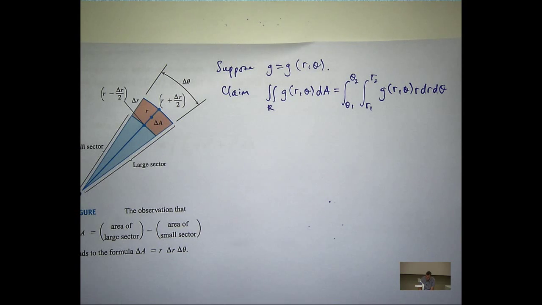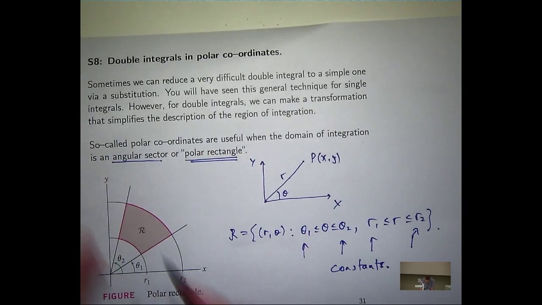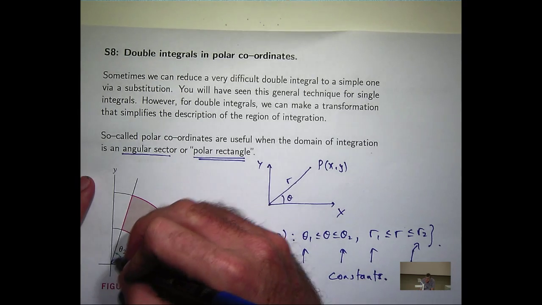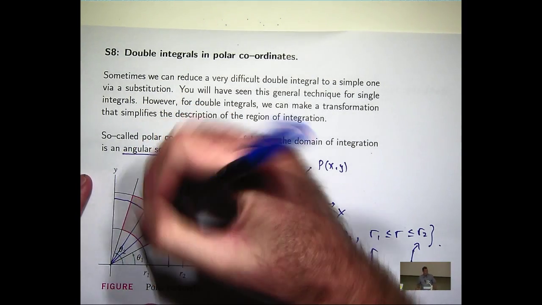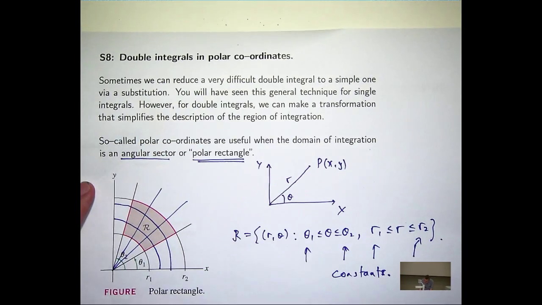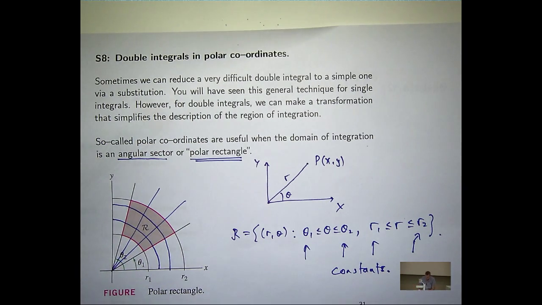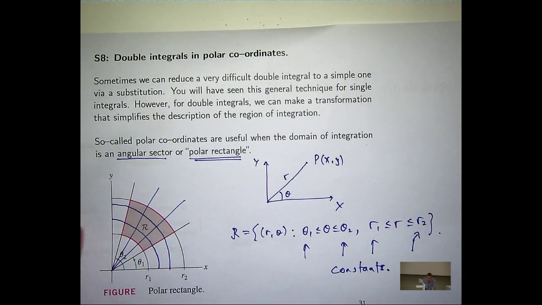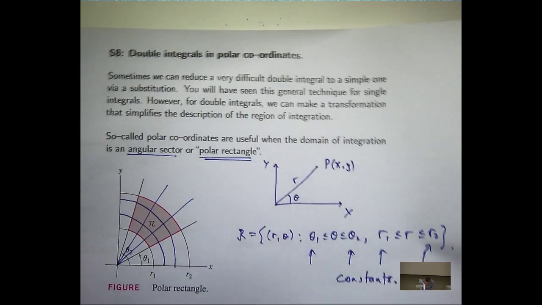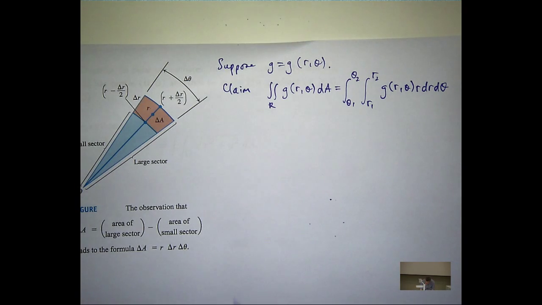Again, you can set up your Riemann sums. All I'm going to do is slice up this region in the following way. I'm going to use cuts like this. I'm going to cut it like that, and I'll get some tiny little polar rectangle inside.